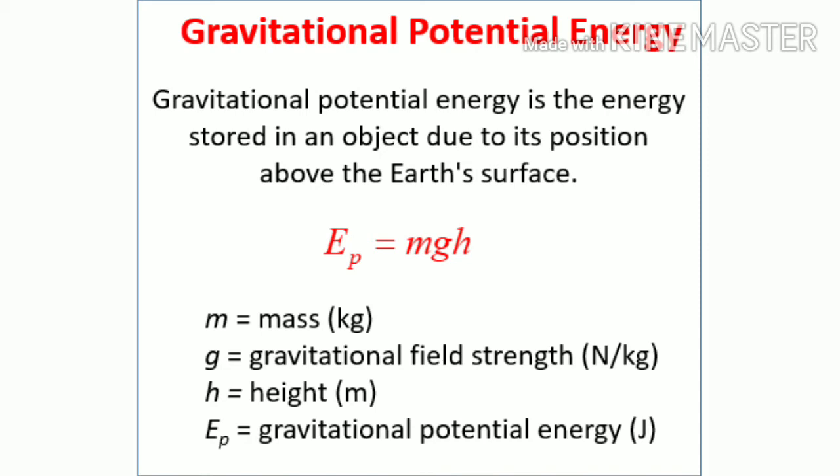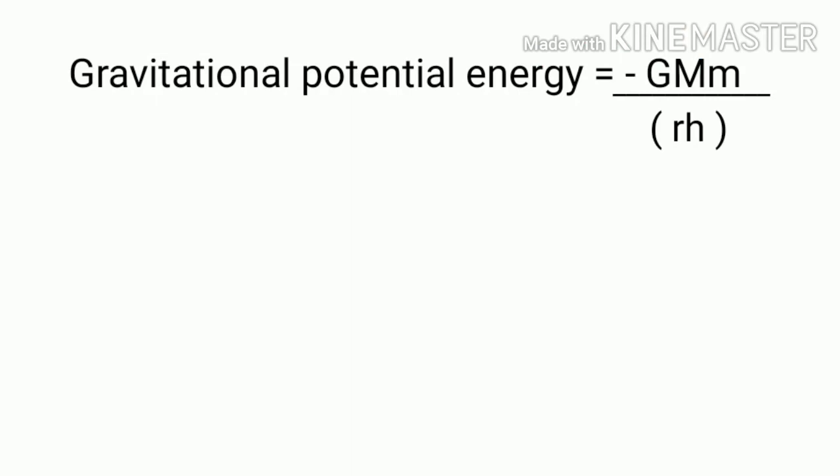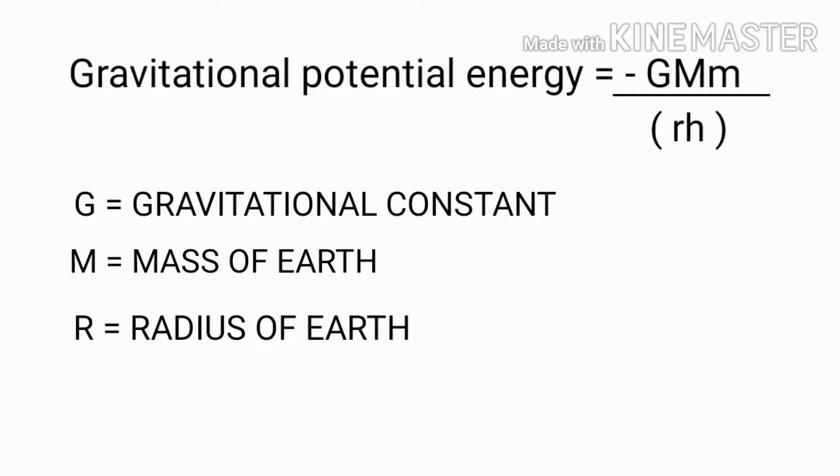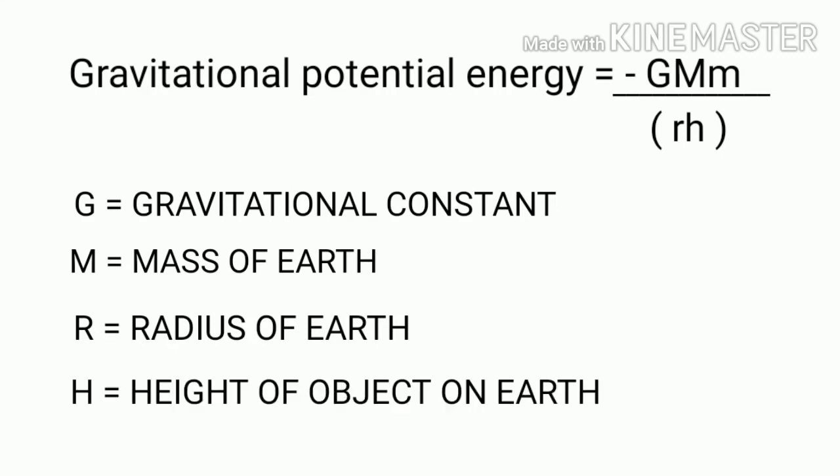Gravitational potential energy of a body of mass m is equal to minus GMm upon (R + h), where G is the gravitational constant, M is the mass of the earth, R is the radius of the earth, and h is the height of the body from the surface of the earth.